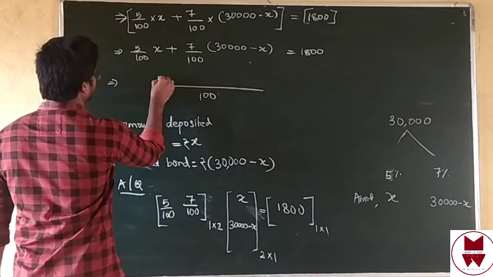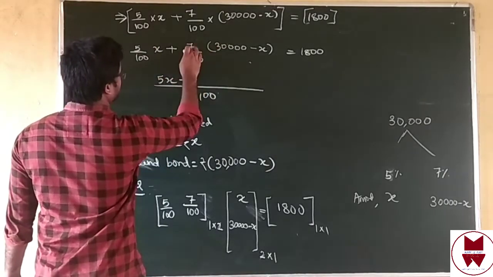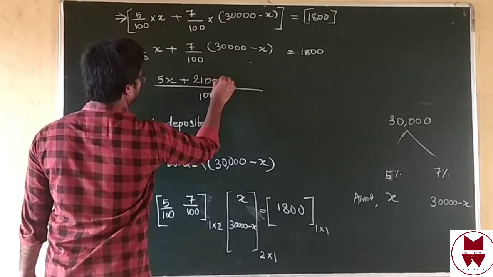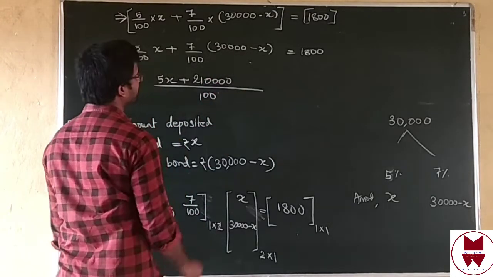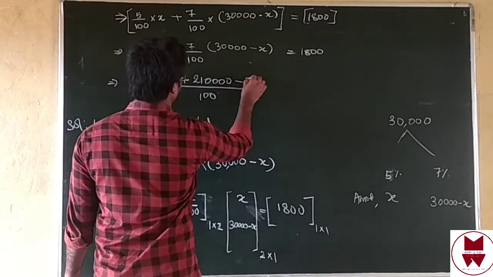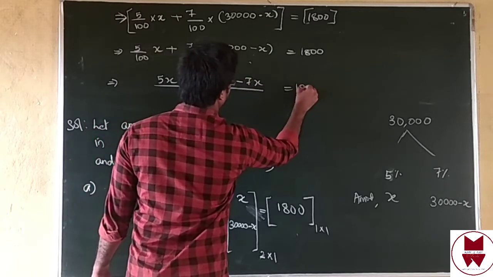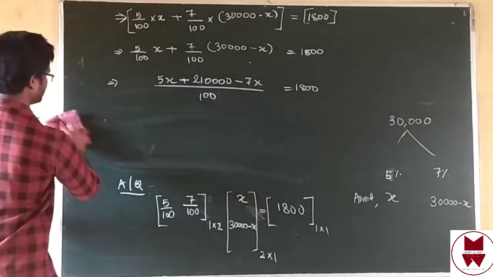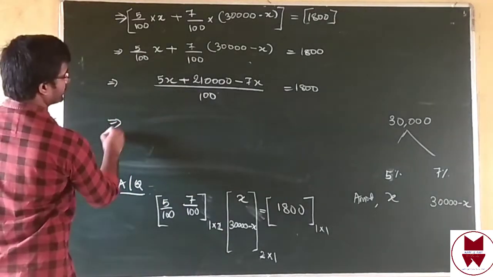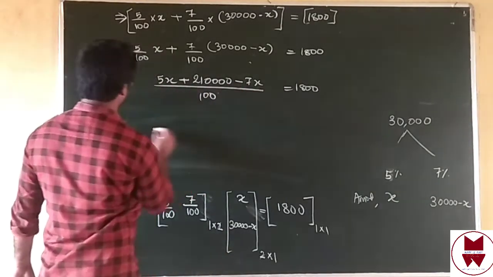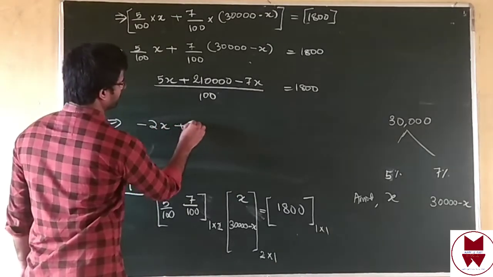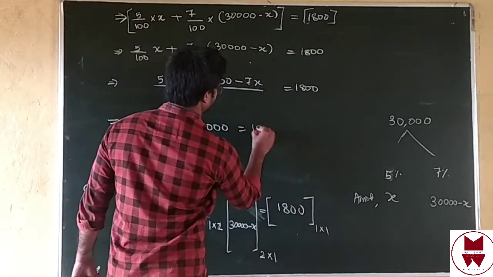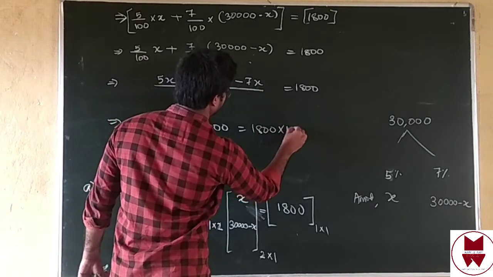Then 5X. Remove the bracket. That is 21 with 4 zeros, isn't it? Minus 7 into X, 7X, equal to 1,800 with 2 zeros multiplied by 100. 5X minus 7X is minus 2X.